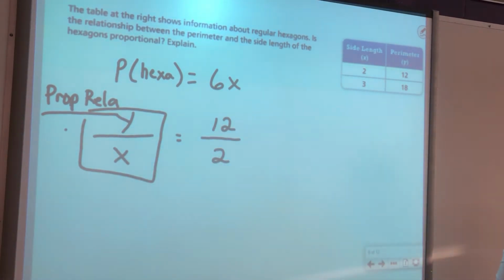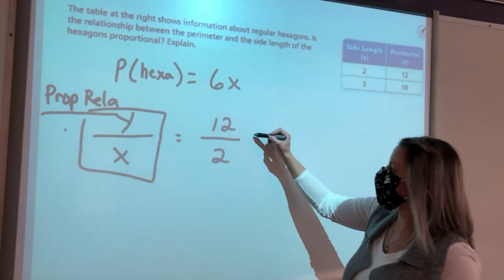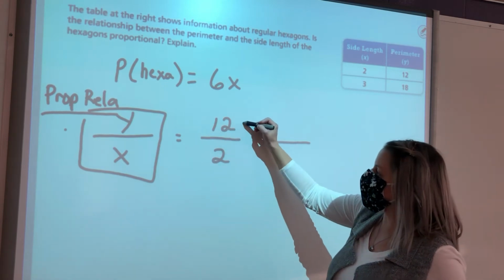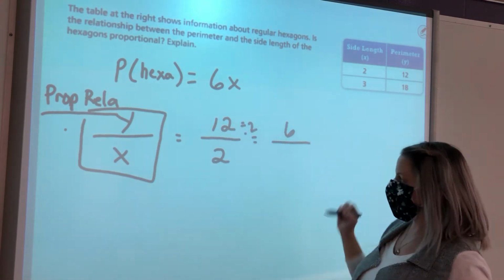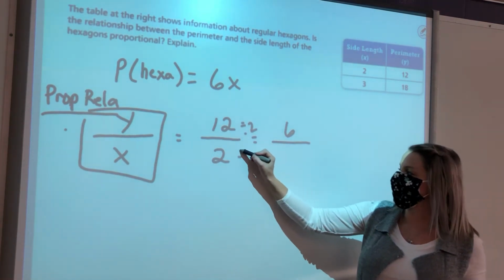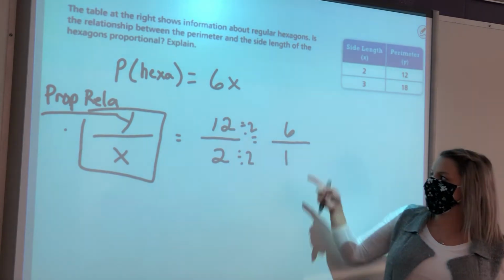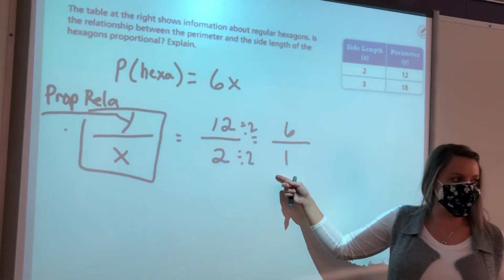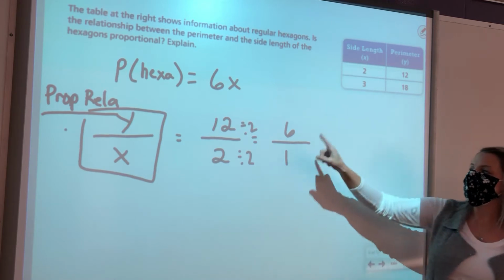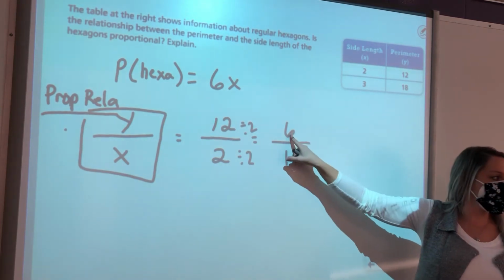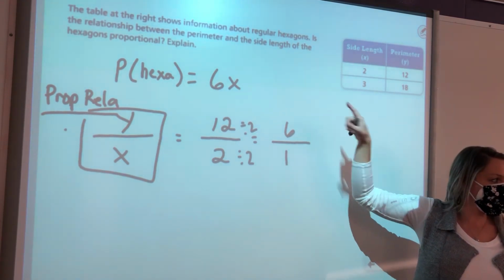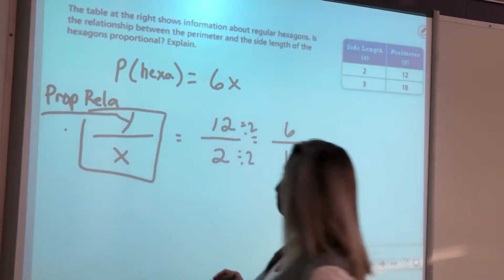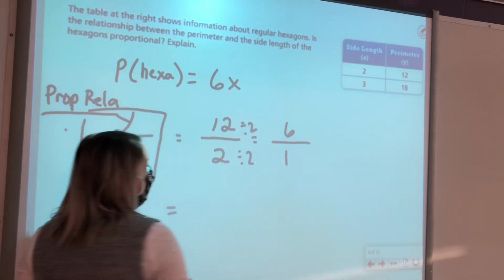They're both divisible by 2. So it'll be 6 over 1. 12 divided by 2 is 6, then 2 divided by 2 is 1. So our ratio is 6 over 1. So that means for every 1 inch of side length, we have 6 inches of perimeter. So the second one, what's our ratio for a hexagon that has a side length of 3?